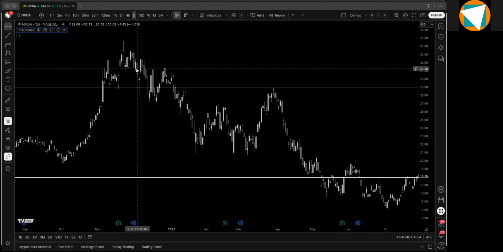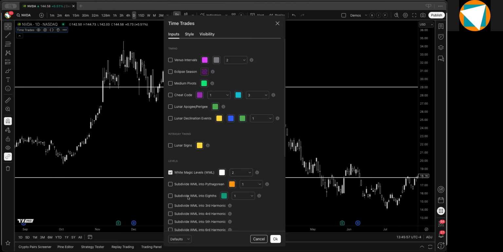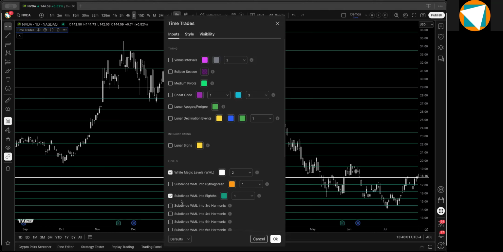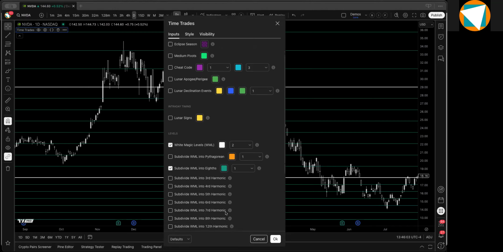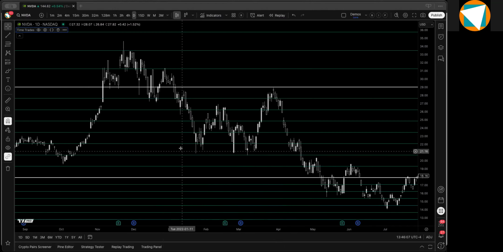And here's an example of where we re-entered the range. And this is where subdividing the white magic levels becomes useful. I like to use some of these subdivision features so we can subdivide it into eights. And we can see how some of these eight subdivided levels provide excellent locations for resistance and support through here.